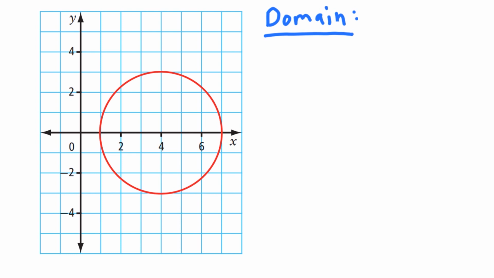We want to know what's the lowest value, what's the highest value. So we start with the value most to the left, and I see right here, this is -1. And it is going to go all the way to +7. And even though we don't have dots here, because it's a circle that goes directly onto the line, we can treat it like it's a dot there.